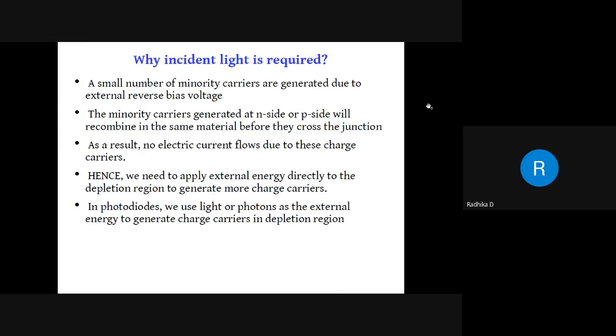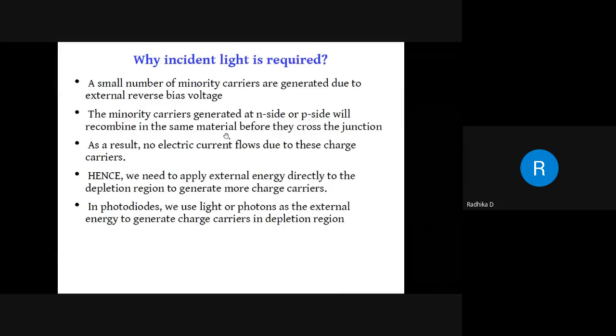A small number of minority carriers are generated when you apply a reverse bias voltage. This is working in reverse bias, so minority charge carriers are playing the role, not the majority charge carriers. That number of minority charge carriers produced will be very less. Now there is another problem. I get minority charge carriers as holes on the N side and electrons on the P side.